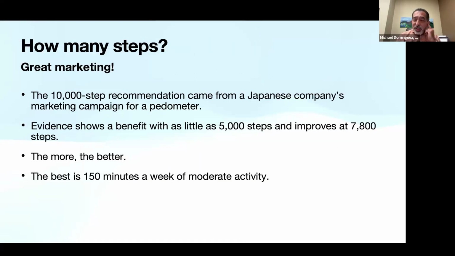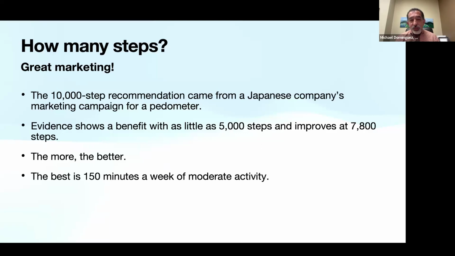This was another good one. One of the first questions we got, and I learned this information in preparing this talk. So everybody talks about 10,000 steps a day. That actually came from a marketing campaign from a Japanese pedometer. They just, I guess, liked how it sounded, and it kind of stuck.